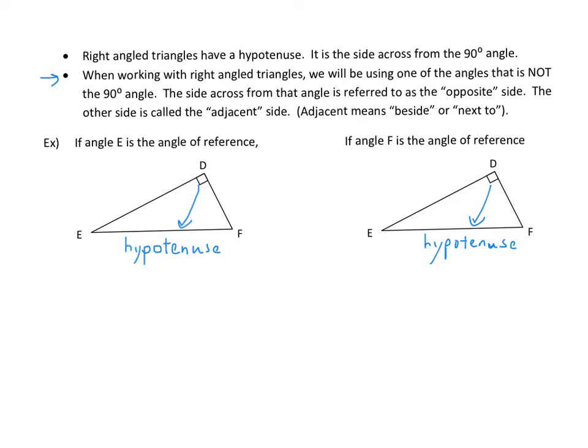So the side across from that angle is referred to as the opposite side, and the other side is called the adjacent side. Okay, so it's this angle, when we're working with right-angled triangles, we will be using one of the angles that is not the 90-degree angle. And I meant to put in here that that angle is called the angle of reference.